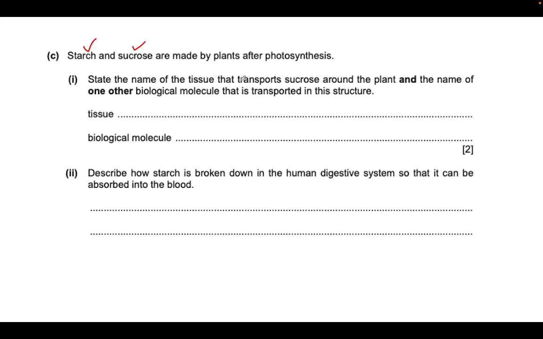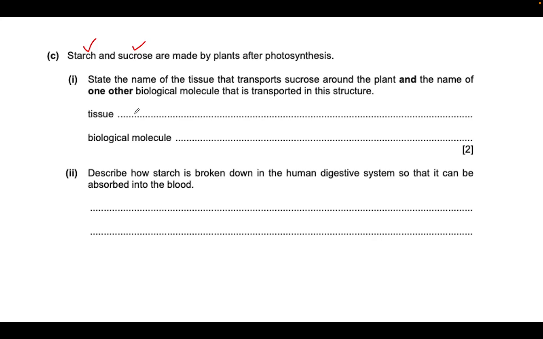State the name of the tissue that transports sucrose around the plant and name the other biological molecule that is transported in this structure. Which tissue transports sucrose? This one you already know. It is the phloem. And we have two tissues, by the way, in transport. We have phloem that can transport the sucrose and others, but also we have xylem that can transport water. So as we talk about them, make sure you even understand the adaptation. Like xylem is very hollow, and it is open end to end and strong to give support to the plants.